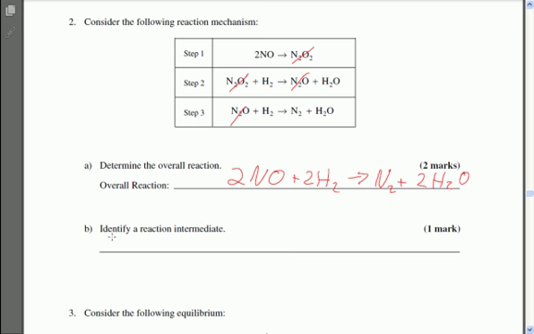So identify a reaction intermediate. One of them is N2O2. Also this one too. N2O is made, and then it is used. Okay, so these are our two reaction intermediates.